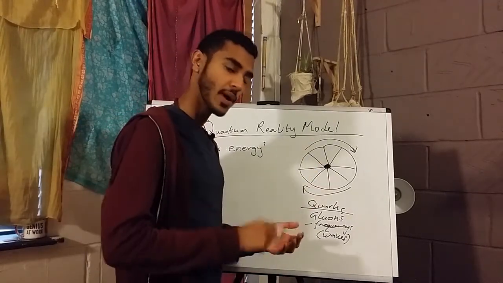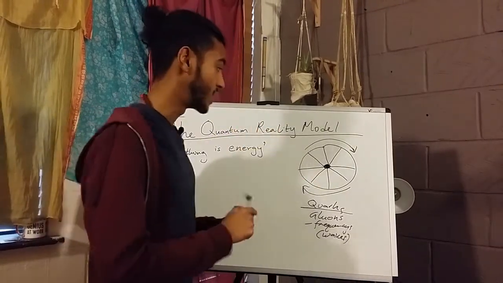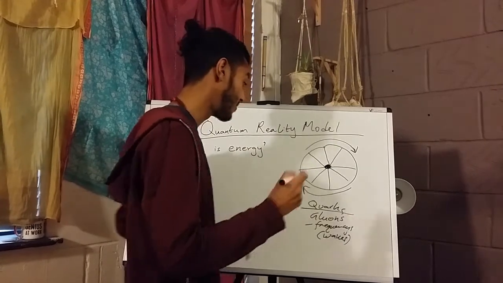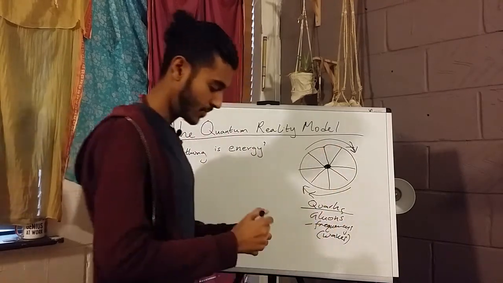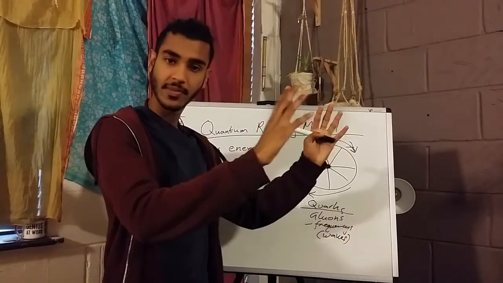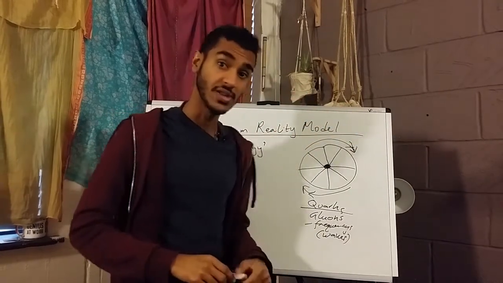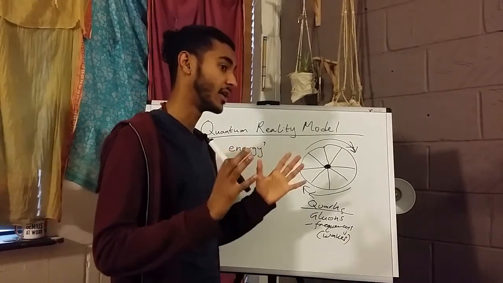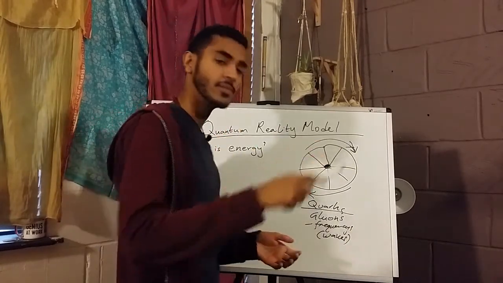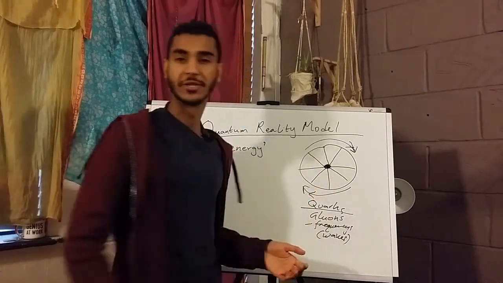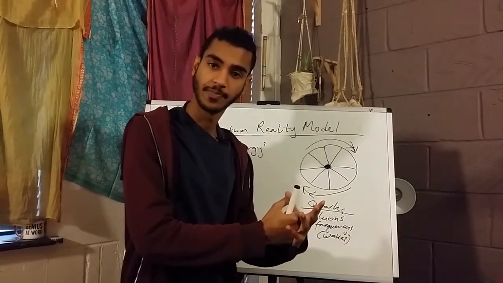But now I want you to imagine that this wheel is oscillating or rotating or vibrating at such a high frequency that to our eyes it appears stationary, but it's actually oscillating extremely fast at such a high frequency that it just appears stationary. Now if you try to put your hand through it, the whole thing will seem solid. Even though it looks stationary to us, the whole thing will seem solid.